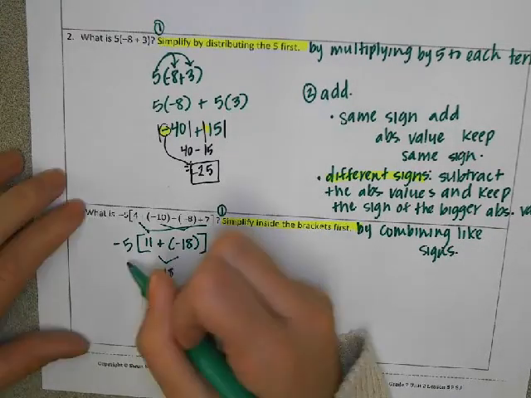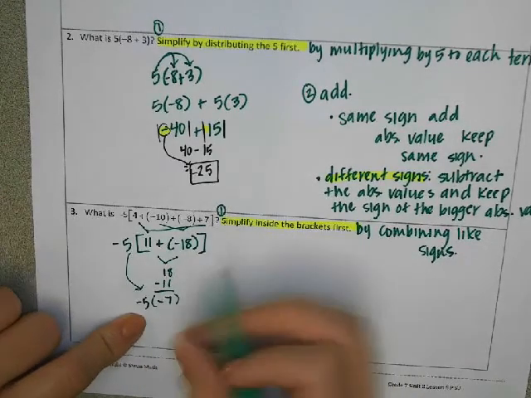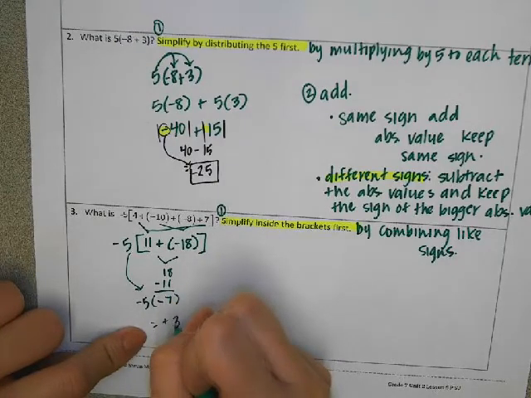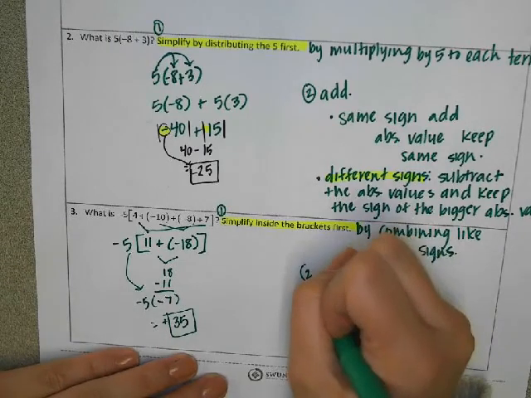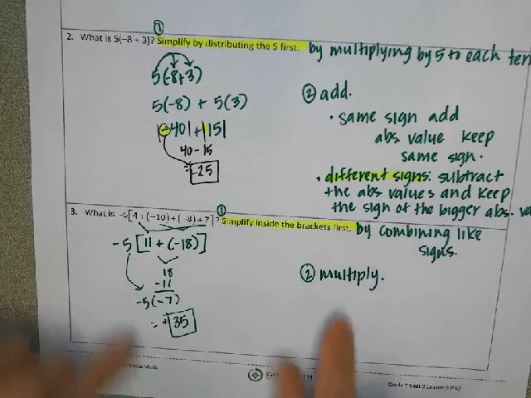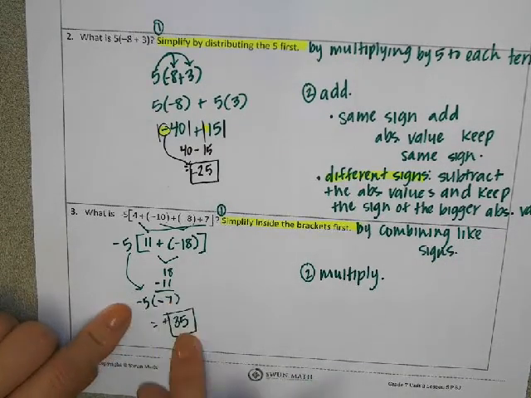And then bring down my negative 5. Negative 5 times a negative 7. So my answer is going to be positive 35. Right, step 2 was to multiply, sorry. Multiply right here, negative times a negative equals a positive. 5 times 7 is 35.